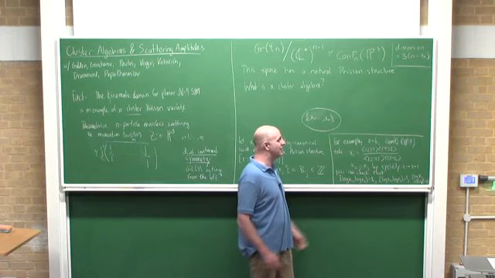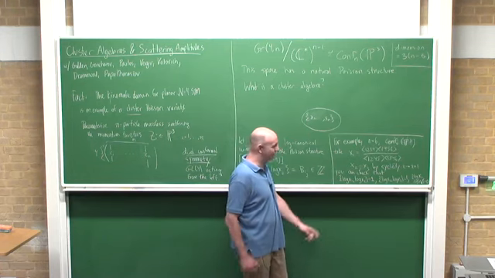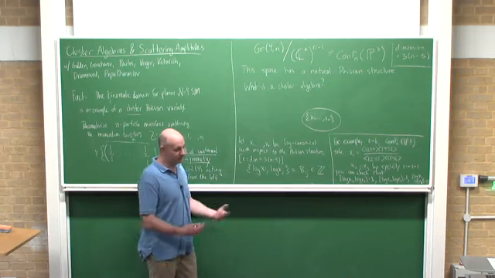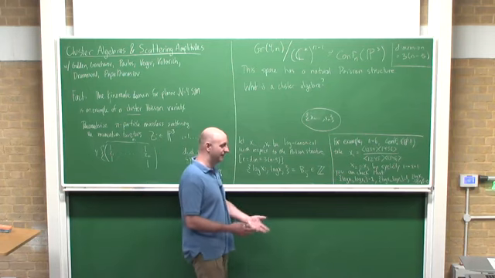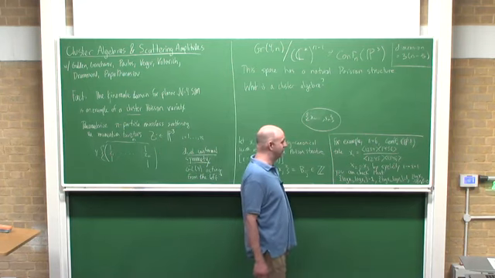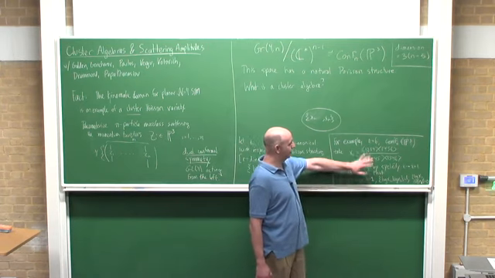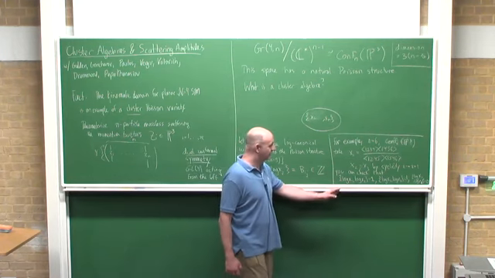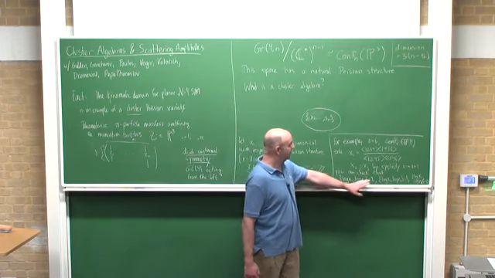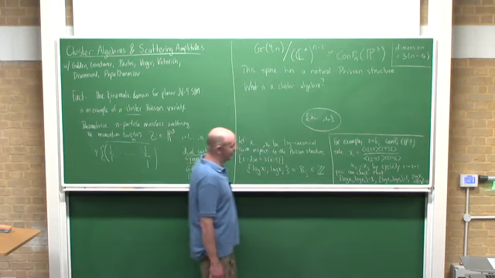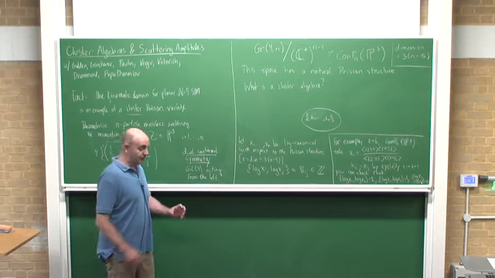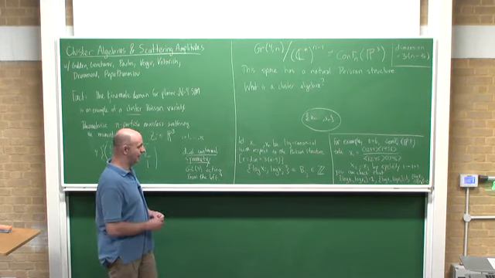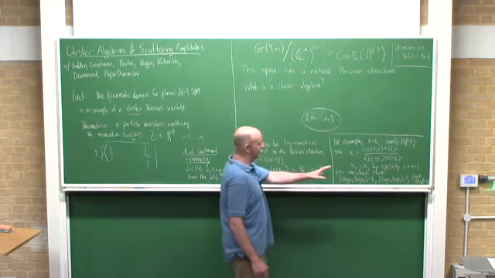In fact, if you do the combinatorics, I think there are 90 different cross ratios you can possibly form. Some of them are related to other ones by symbol transformations, but here I've selected 3 that are special. And one thing that's special about these 3 is that they're log canonical with respect to the natural Poisson bracket. For sure, there are other subsets of 3 that are log canonical, but this is one choice of coordinates that's log canonical.